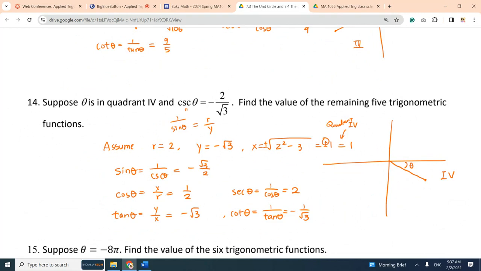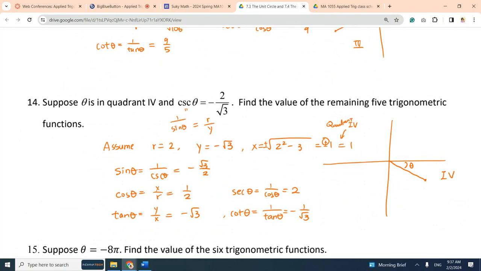Now you compare. By the way, this negative, you can move on top or you can move at the bottom as needed, right? In this case, r is always positive. So by comparison, r is 2, and you move the negative down there, your y is negative square root of 3. Yes, everybody? And then what is x?